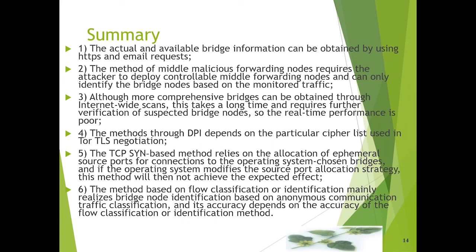The last is that the method based on flow classification and identification mainly relies on anonymous communication traffic classification, and its accuracy depends on the accuracy of the flow classification or identification method.